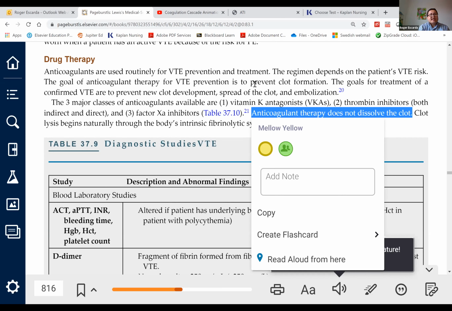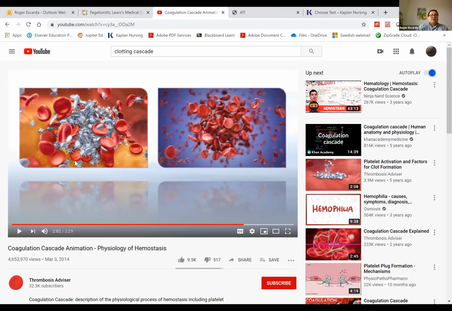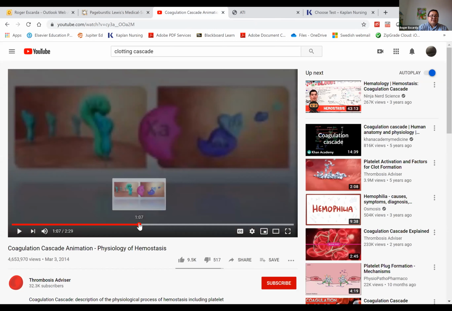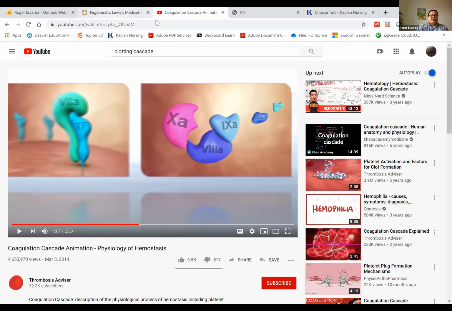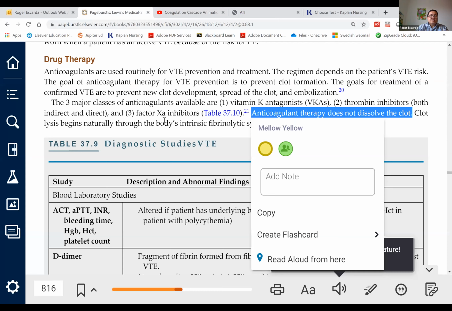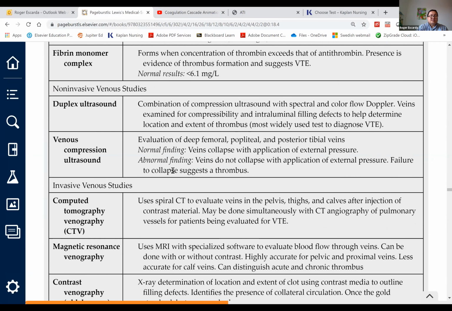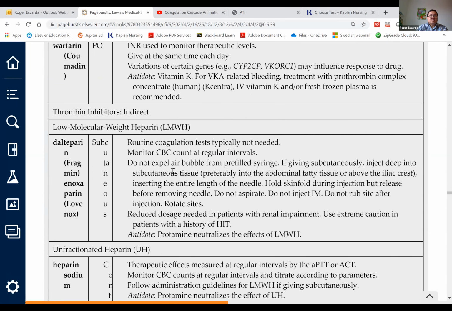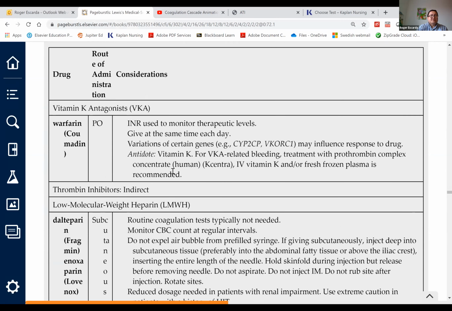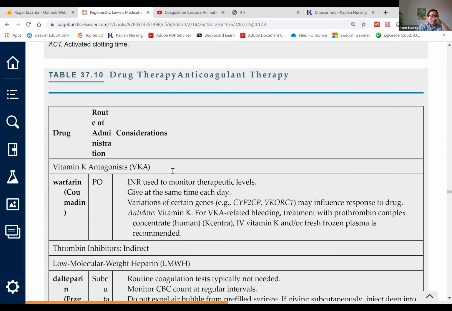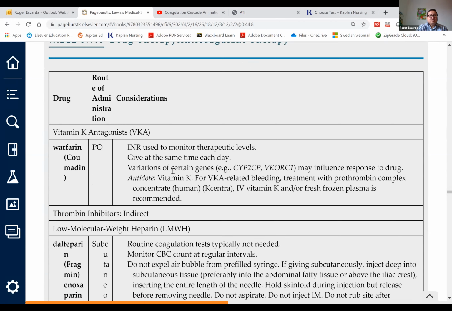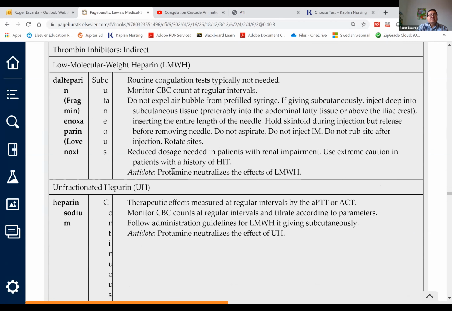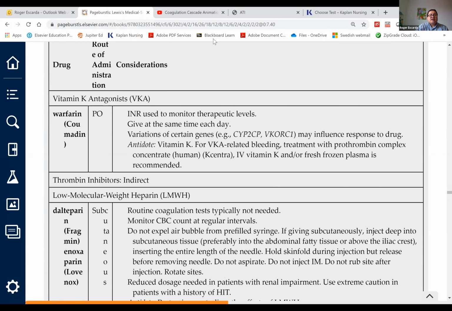So back to the cascade right here. We'll replay this and look at the action of the drugs, which is in this table right here, table 37.10, and see how they work.